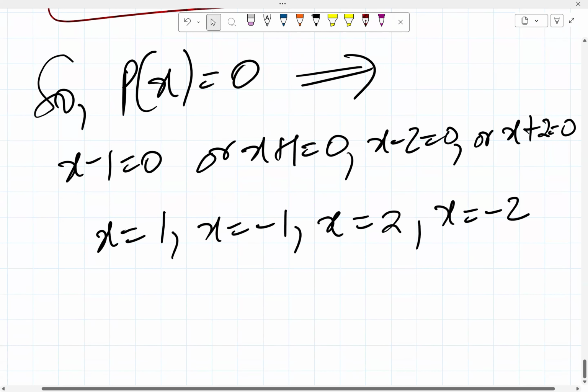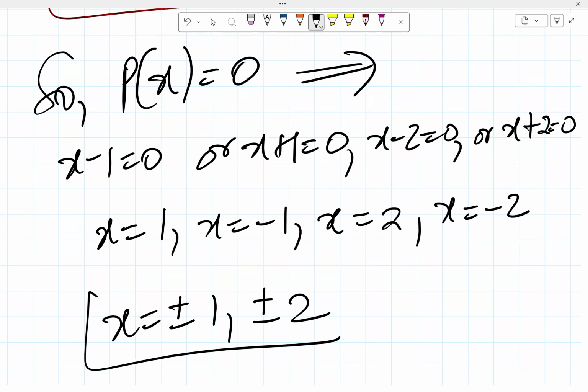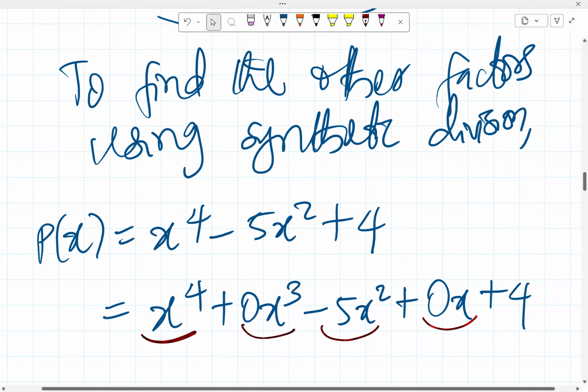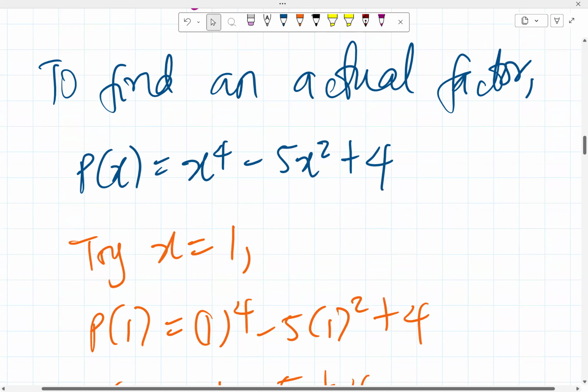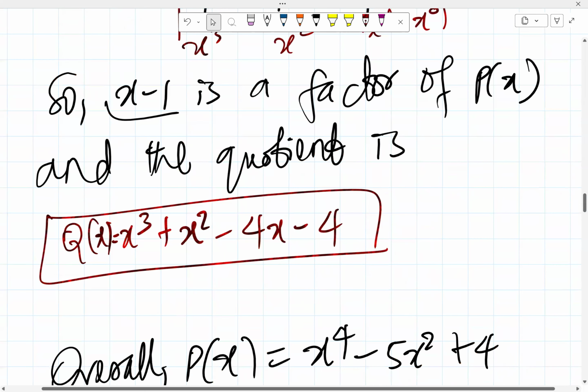So the solutions now are plus or minus 1 and plus or minus 2. And that falls in the original set of possible rational roots we started out with. So these satisfy it, and that's how that goes.